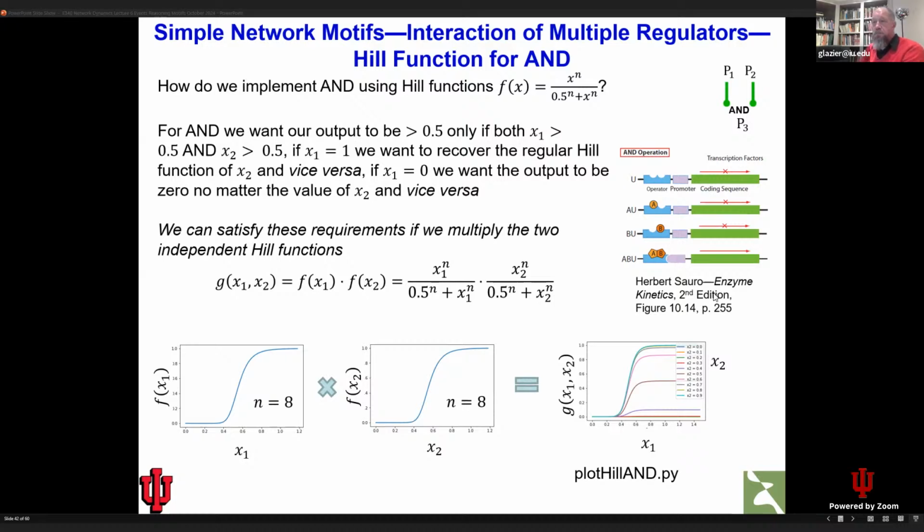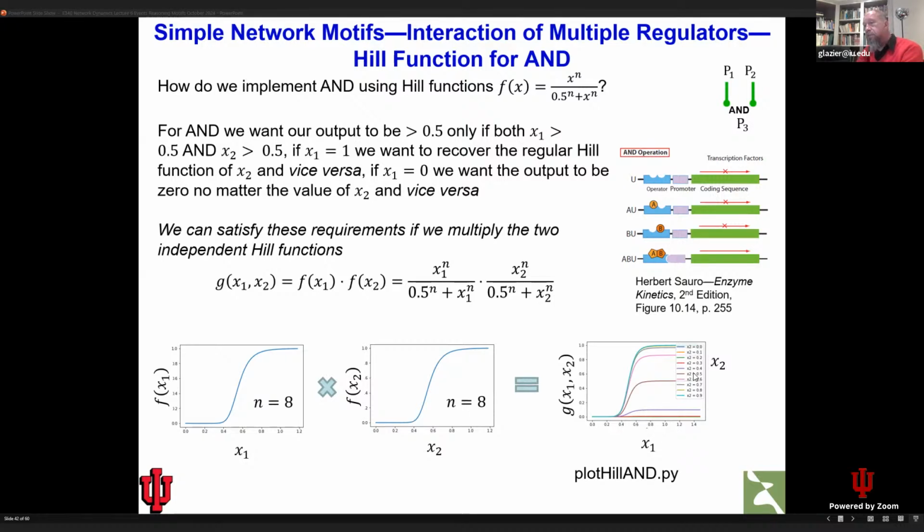In this case, if we scan x1, this is the first function, the second one, we multiply them. If x2 is 0, whatever the value of x1 is, we get nothing. If the value of x2 is 1, we get our Hill function back.